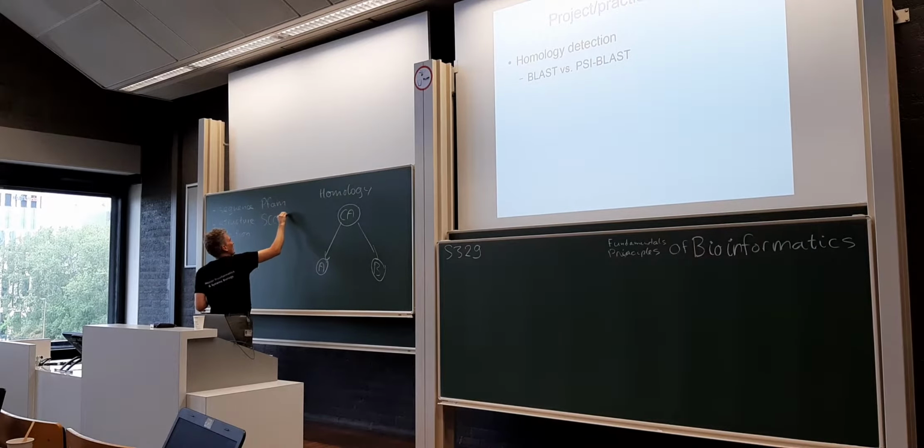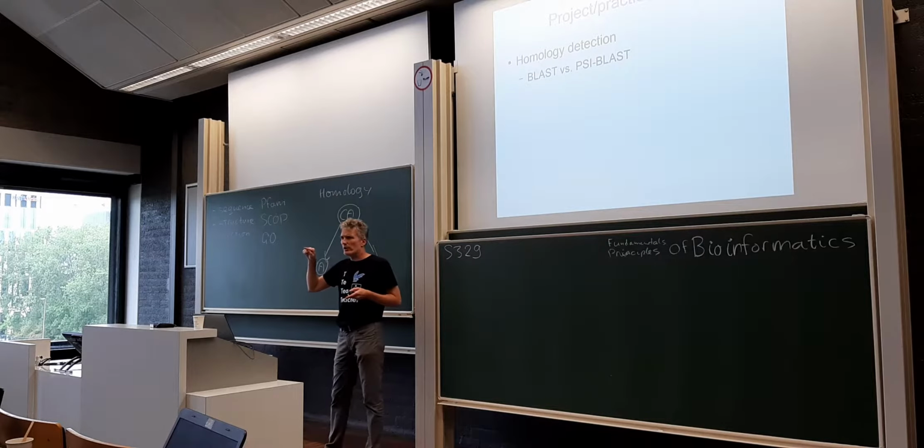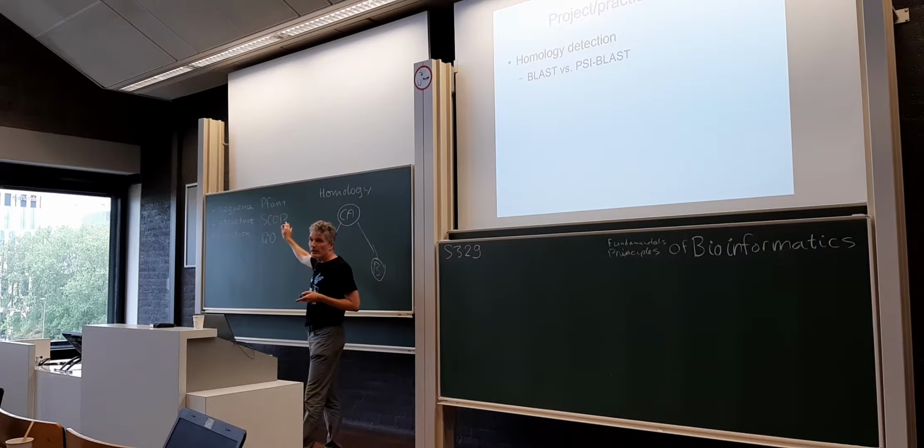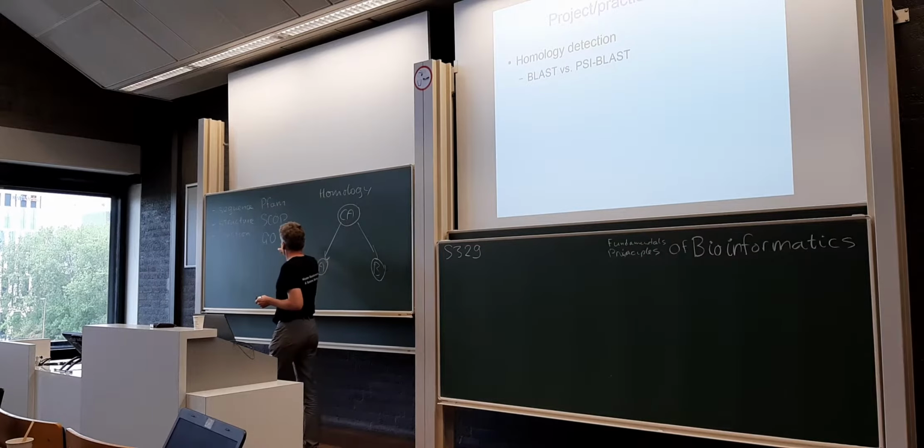Yeah? PFAM stands for protein families. It's hidden Markov models for protein families. You get a lecture next week or the week after about more about how these databases work. SCOP is structural classification of proteins. So they're basically families of proteins that have very similar structures. And GO is the gene ontology.